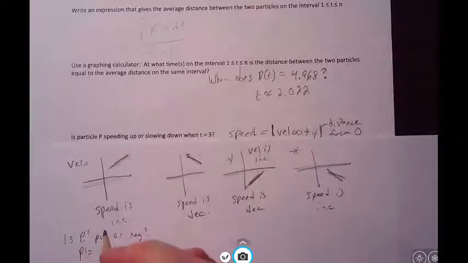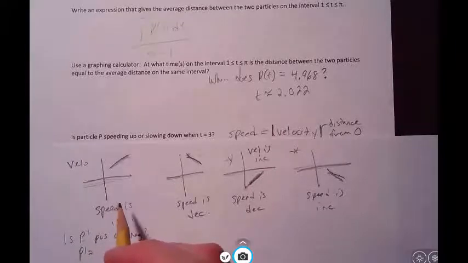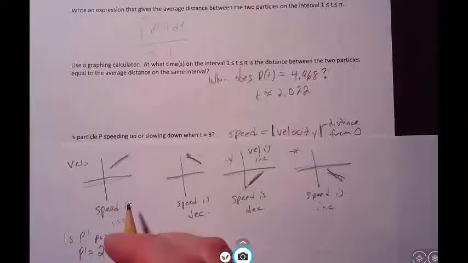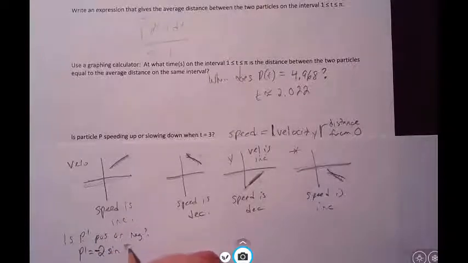We can have our calculator find this for us if we want, or we can just differentiate it by hand because we're going to need the second derivative eventually anyway. P prime, let's see, we have to differentiate 2 cosine of pi over 4 times t. Differentiating that, the 2 can stay. Differentiating cosine gives you negative sine of the same angle.